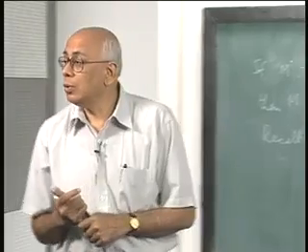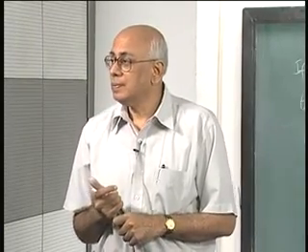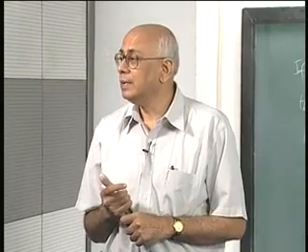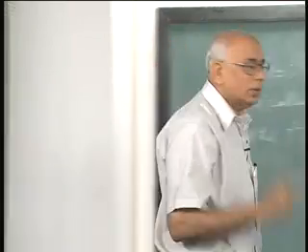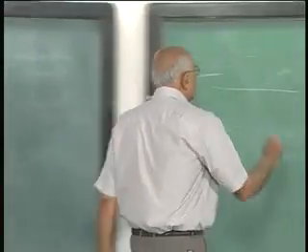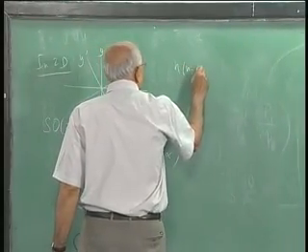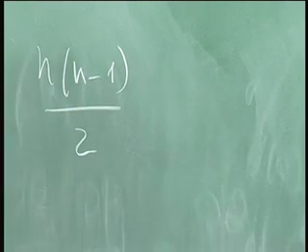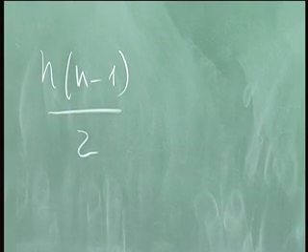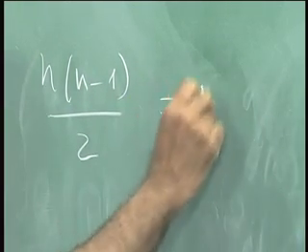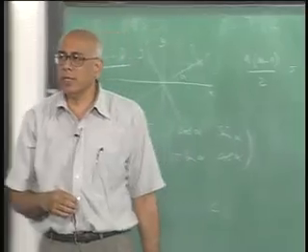And what is it for n equal to 2? 1. And n equal to 3? 3. It turns out that this quantity n times n minus 1 over 2, which is the number of independent planes that you can have, orthogonal planes, happens to be equal to n when n is equal to 3.